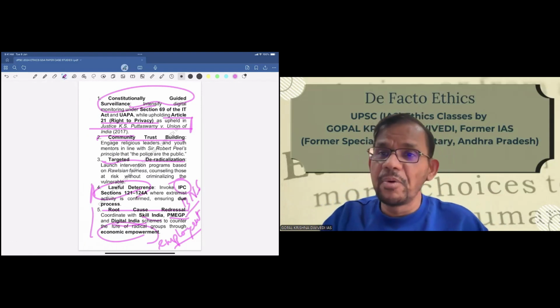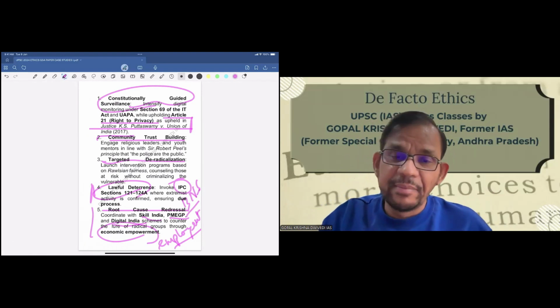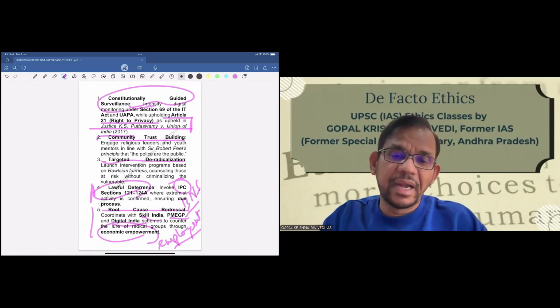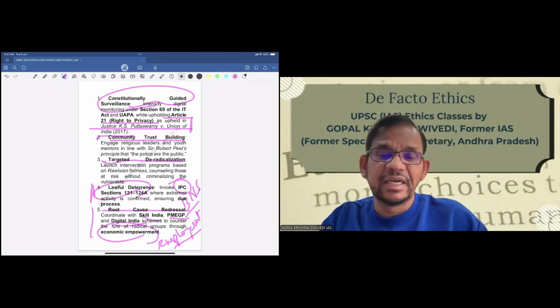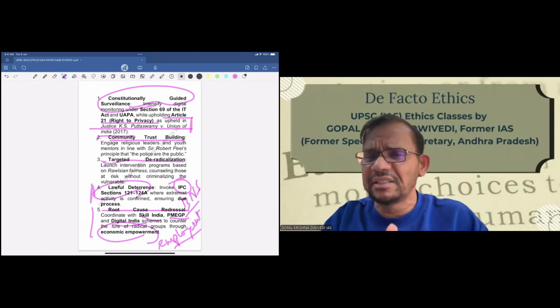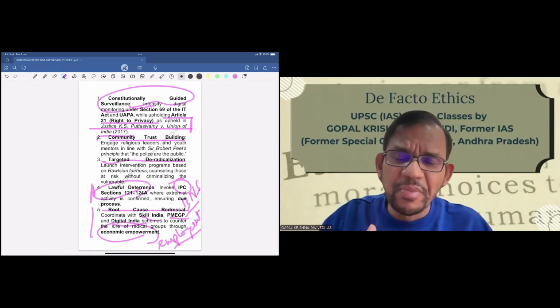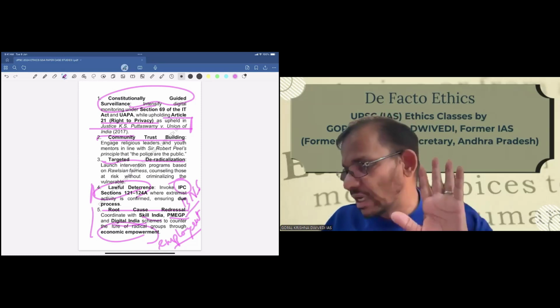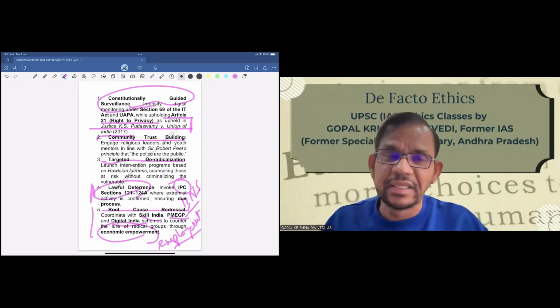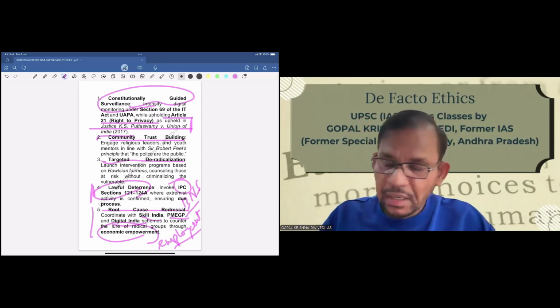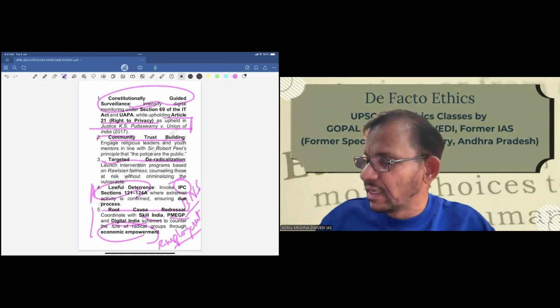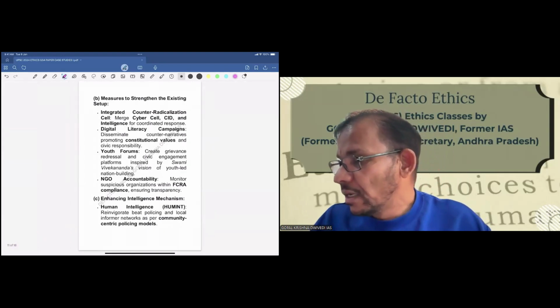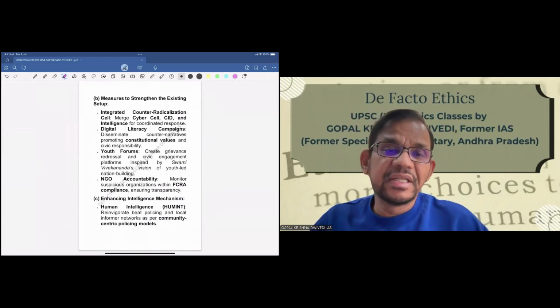But fifth, employment generation or giving employment to them has to be coordinated by other departments. So coordinate with Skill India, PMEGP or Digital India or some other schemes also. There are numerous schemes at the state level as well as central level. So all those relevant schemes he can coordinate and see that these youth are given some gainful employment and they are economically empowered. Now, measures to strengthen the existing setup.